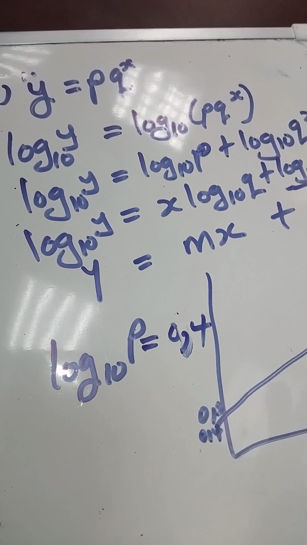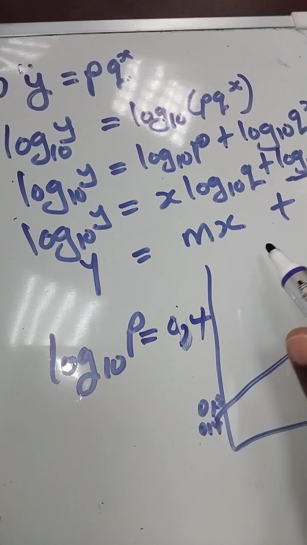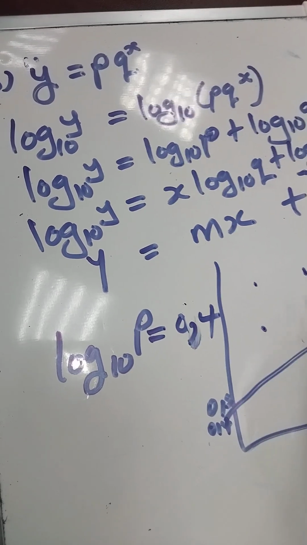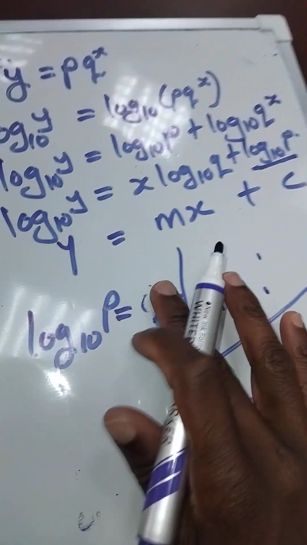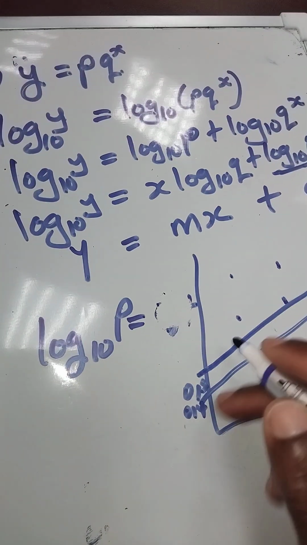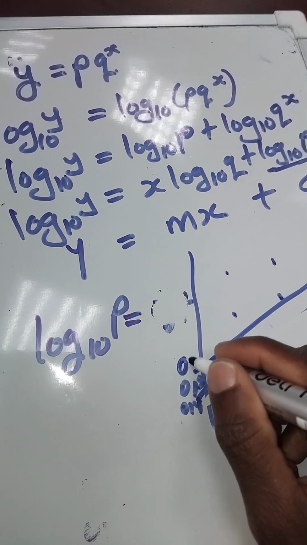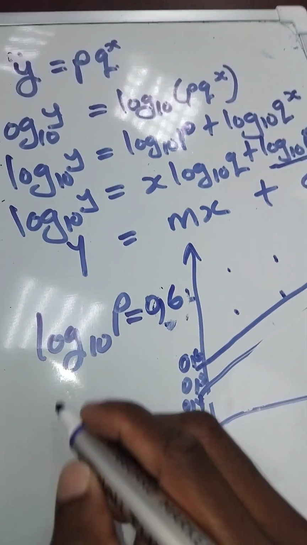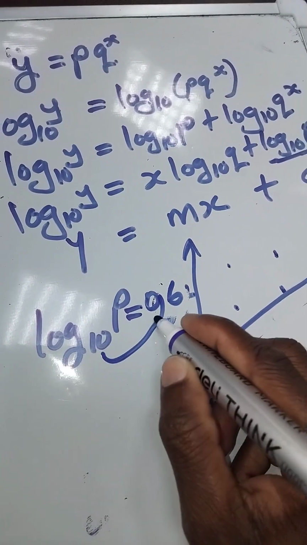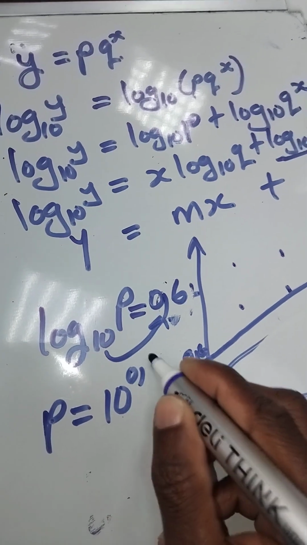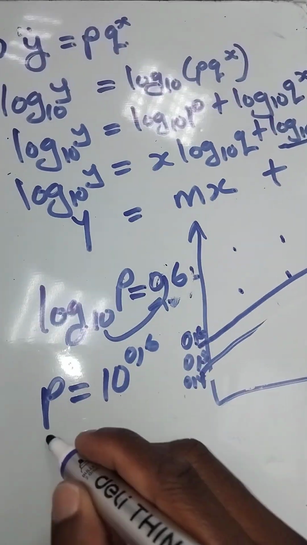Then we take 10 to the power of this, so p is equal to 10 to the power 0,4, and then you get your answer.